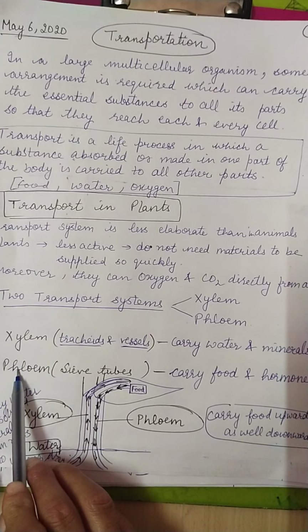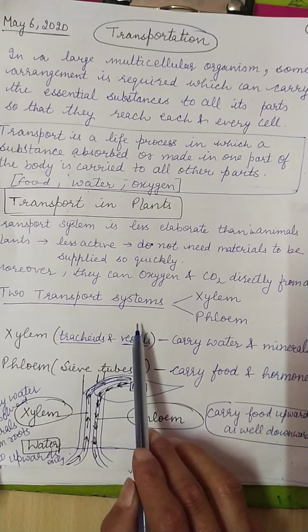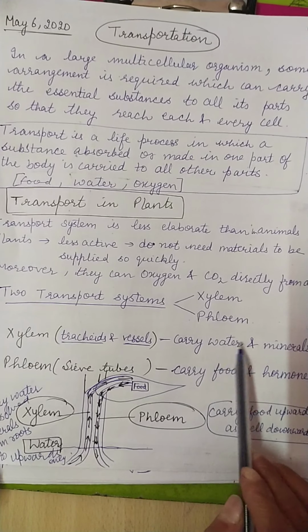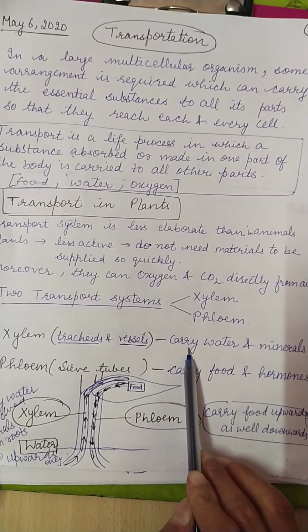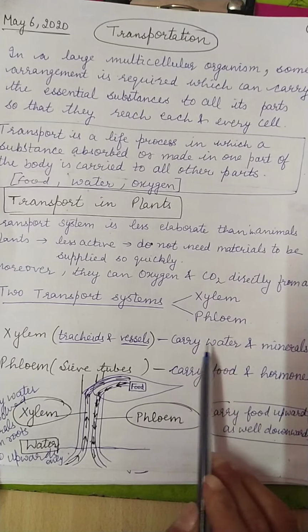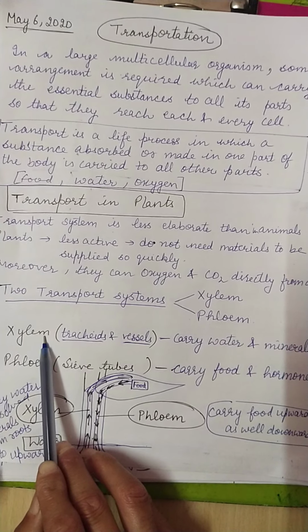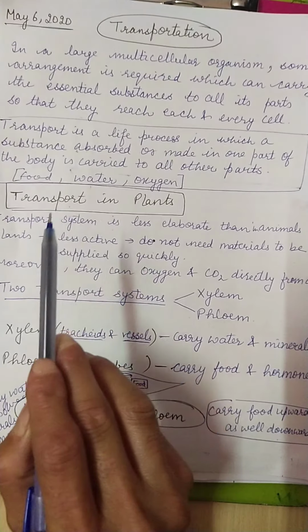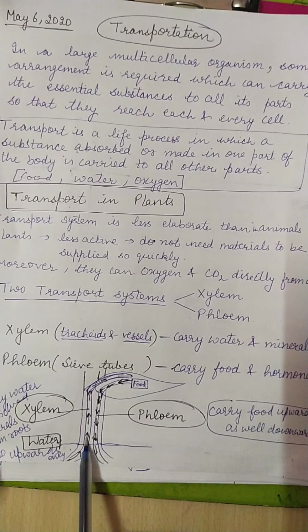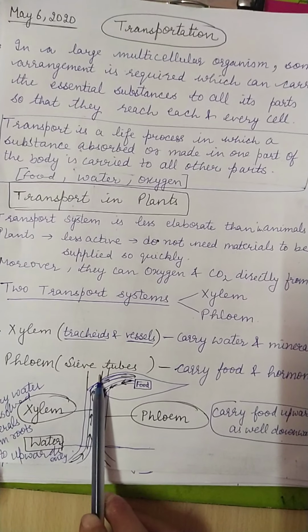Of the two transport systems, xylem is there to carry water and minerals from the soil to all parts of the plant. Xylem can transport water and minerals in the upward direction only, that is from the roots to the upper parts of the plant.